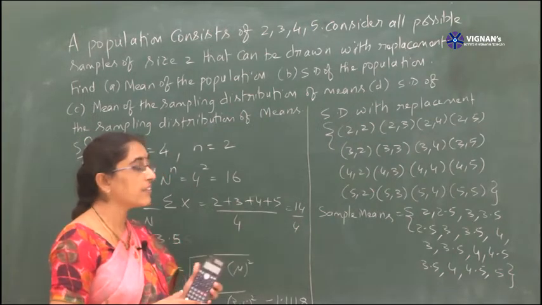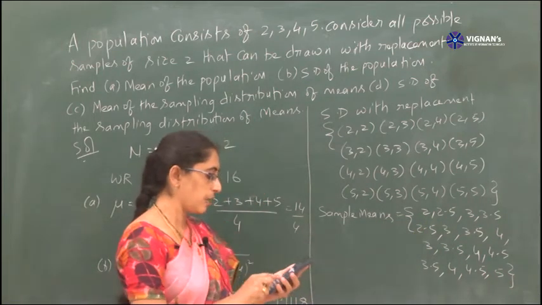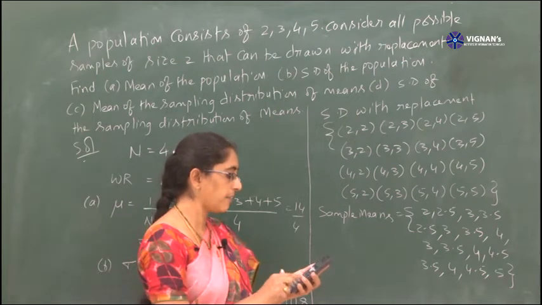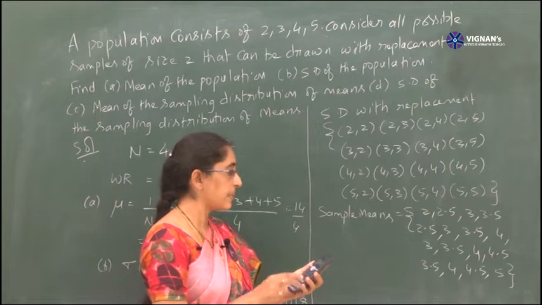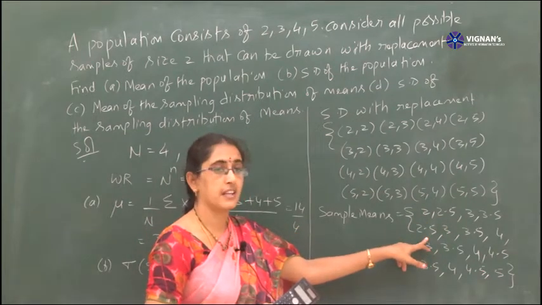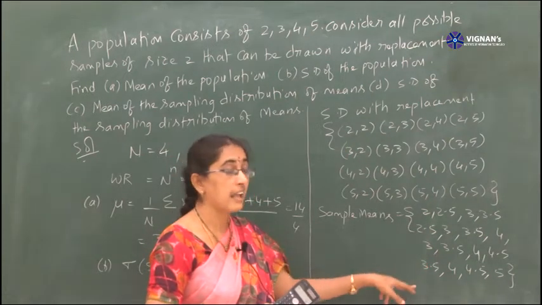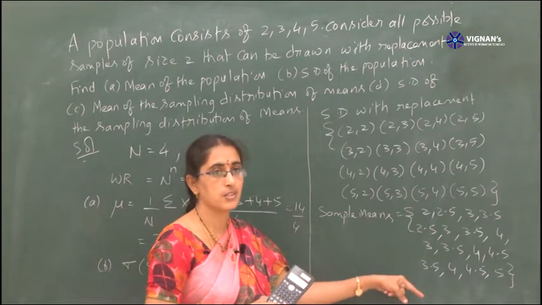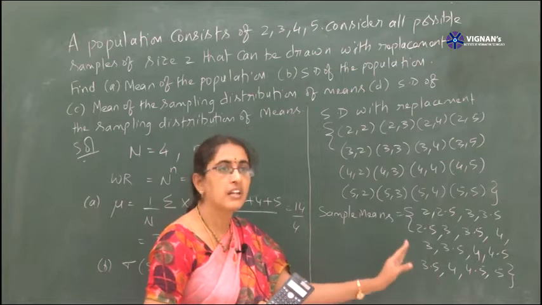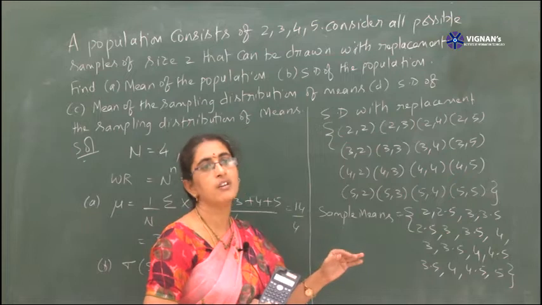Now give only the means: 2, 2.5, 3, 3.5. So 2 M plus, 2.5 M plus, 3 M plus, 3.5 M plus, 2.5 M plus. Here 2.5 is there and here also 2.5 is there, but still you have to give 2.5 two times, because the calculator records the number of observations we stored. How many observations do we have? 16. So we should have 16 samples in the calculator, even though a number is repeated twice or thrice.